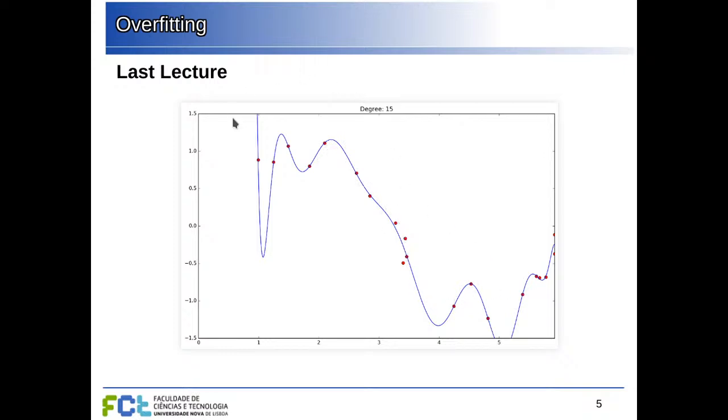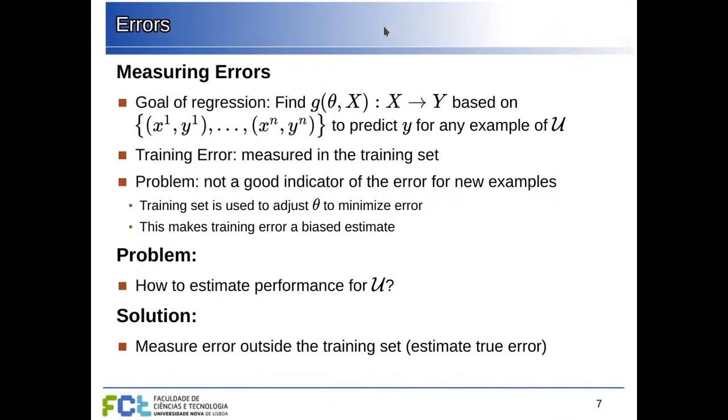But the result of that is that then we can increase the error outside the training set. So we cannot rely solely on a training error to get a good estimate of how our hypothesis will perform when we give it new examples that were not in the training set. So this is a problem. We cannot use the training error to estimate the performance of the hypothesis outside the training set.